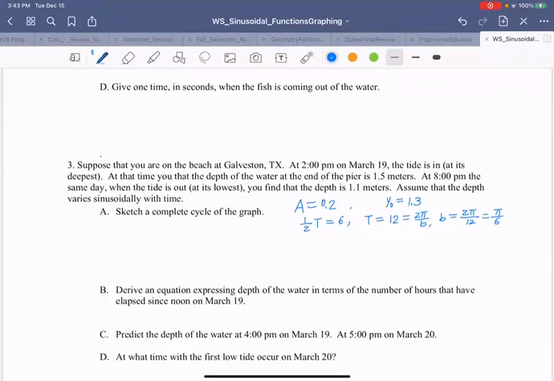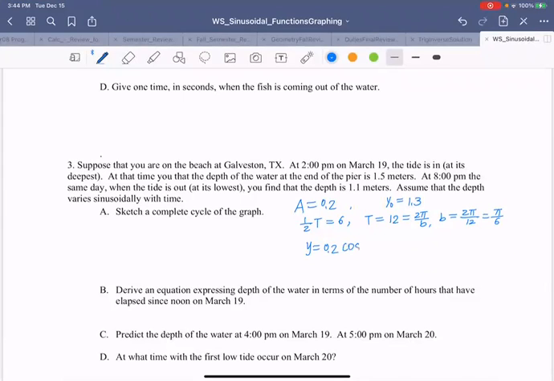So y will equal 0.2 times... So 2 p.m. is the deepest one, right? Yeah.